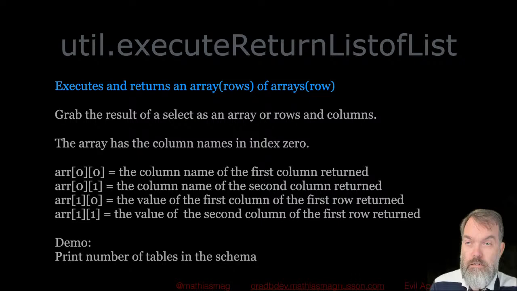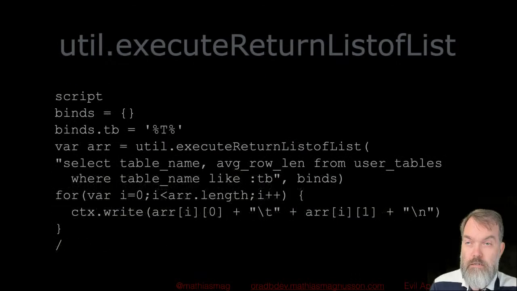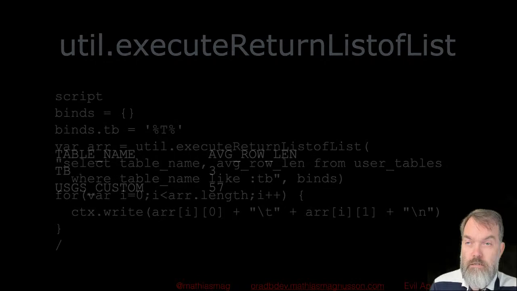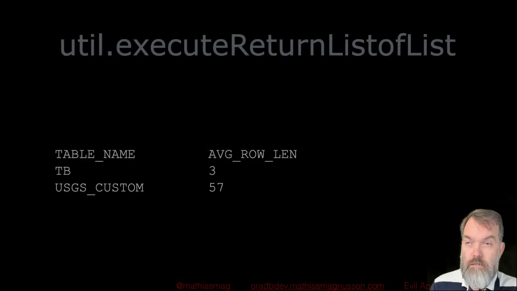And if you look at the code, the for loop here starts from index 0. So we're going to start with the column names, and that is why we get the table name and average row length printed before we get the table names and the average row lengths of the actual tables in the schema.